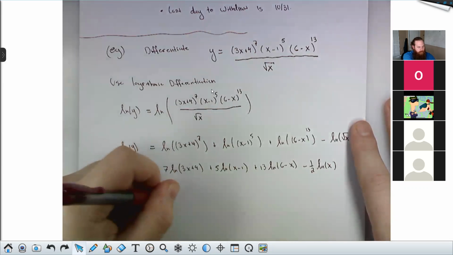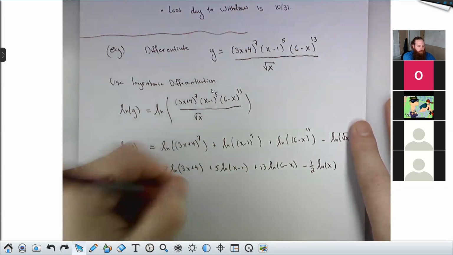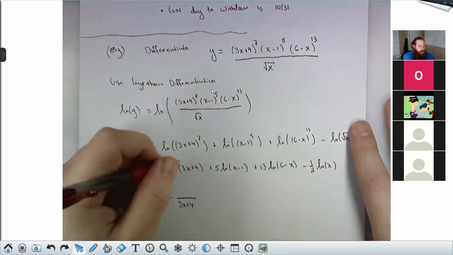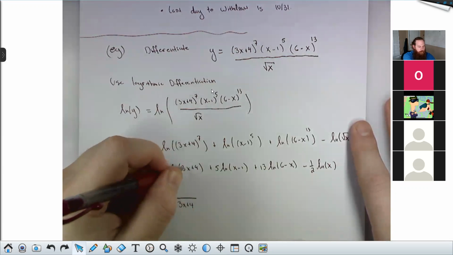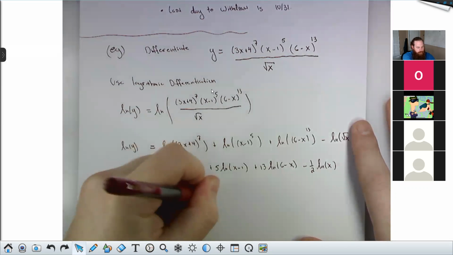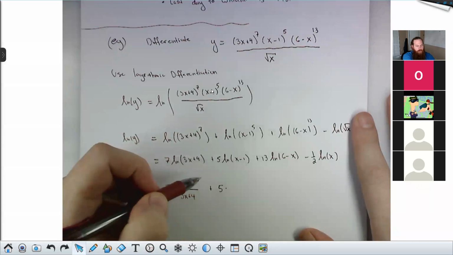This is going to be 7 times the derivative of the natural log of 3x plus 4. So the 3x plus 4 goes downstairs, and then the derivative of 3x plus 4, which is 3, goes upstairs. Plus 5 times the derivative of the natural log of x minus 1.